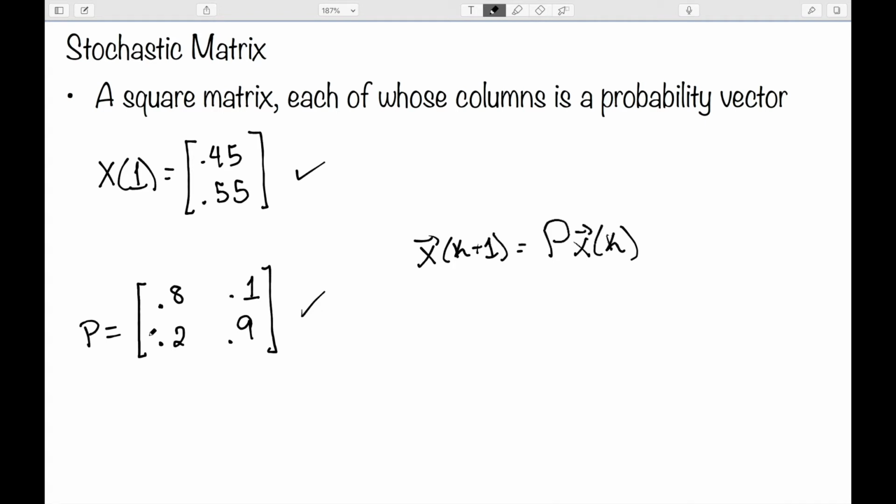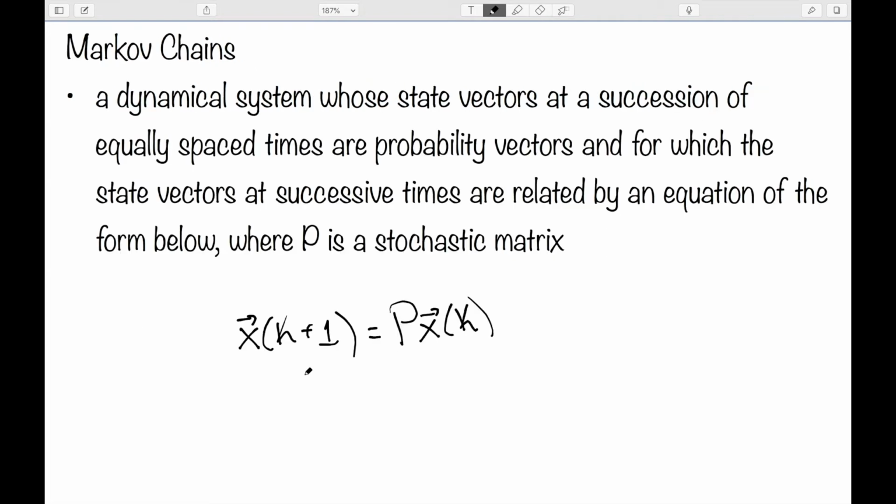This example is a special case of a large class of stochastic processes called Markov chains. A Markov chain is a dynamical system whose state vectors at a succession of equally spaced times are probability vectors, and for which the state vectors at successive times are related by an equation of this form, where P is a stochastic matrix.